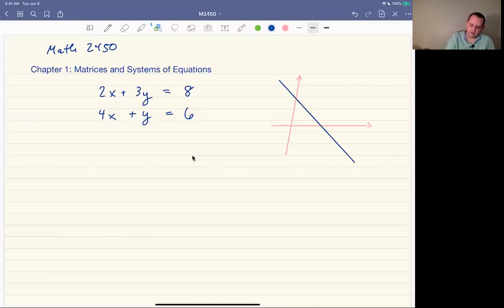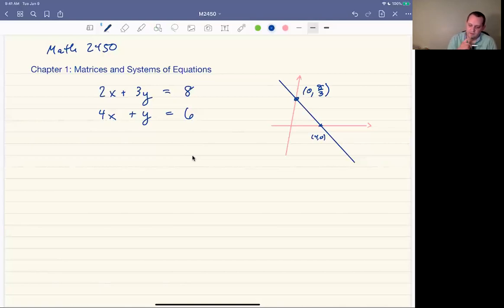For the first line, 2x plus 3y equals 8, when y is 0, x is 4. So that's the point (4, 0). And when x is 0, y is 8/3, so something like 2 and 2/3, 2.67.